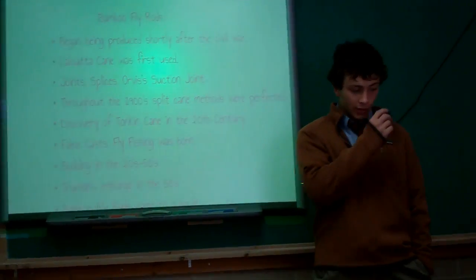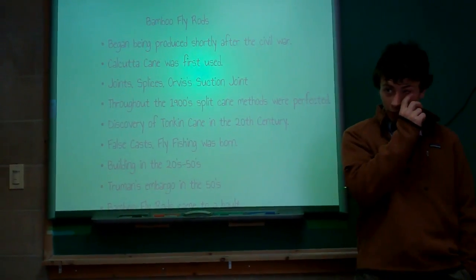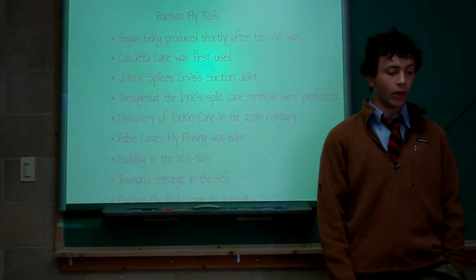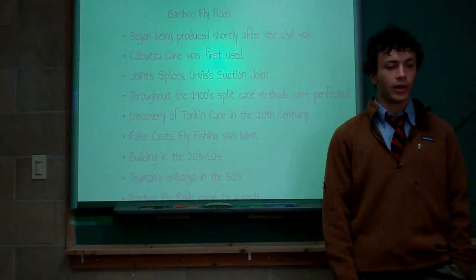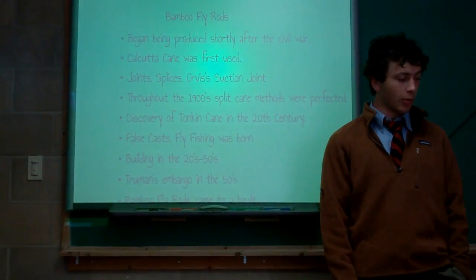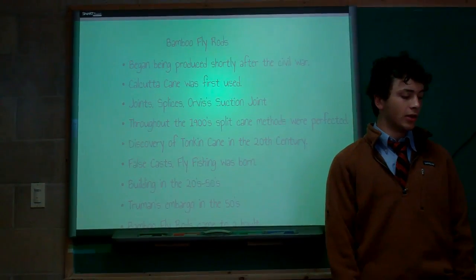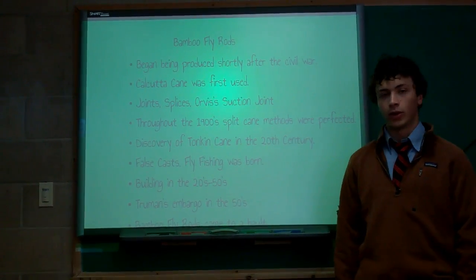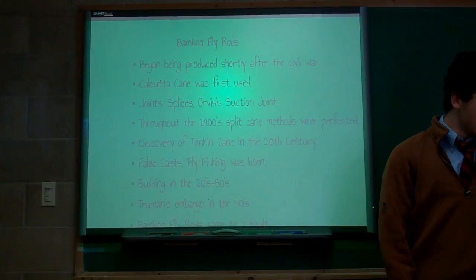And then in the 50s, President Truman set an embargo on all the goods coming from China, so they could no longer get the Tonkin cane from China, and they had to come up with other materials to build fly rods because they could no longer really build them from bamboo. So that's when fiberglass got invented.